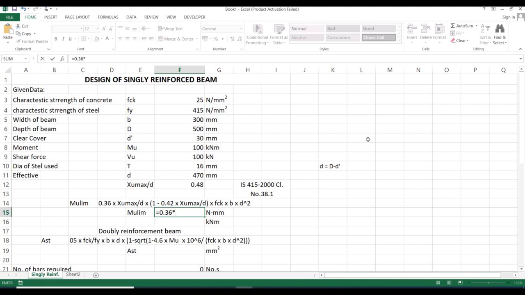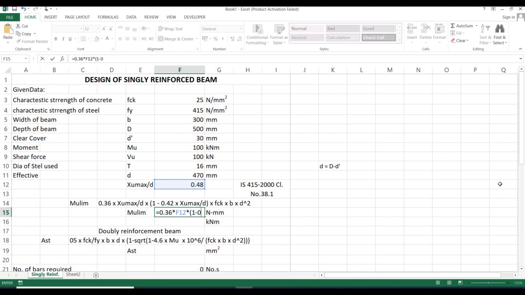You can use the cursors, the mouse, or the arrow keys so that you can easily move wherever you want. Xu max by d into bracket. Whenever we are using the Excel sheet, we have to see that the number of brackets opened is the same number closed properly. Otherwise, you will get the wrong answer.